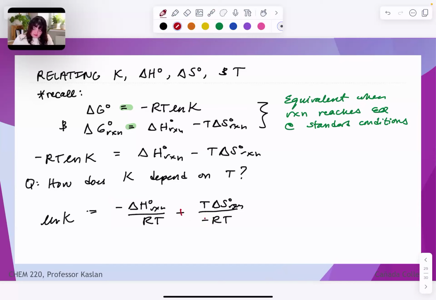So this is going to become positive. Temperatures cancel. So we get negative delta H over RT plus delta S over R. And again, we have now the left-hand side, the dependent variable, something about K.